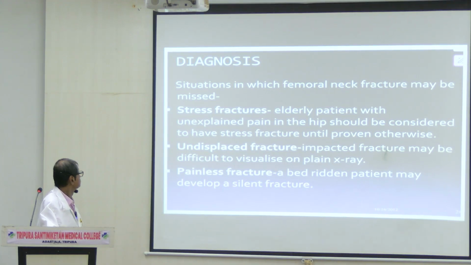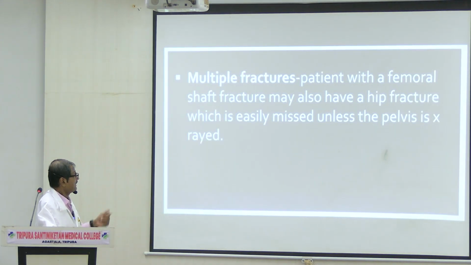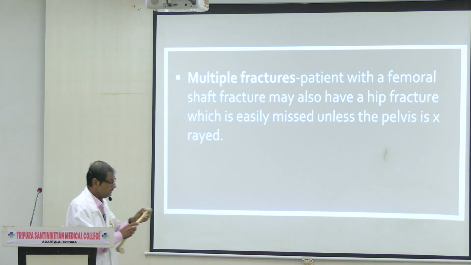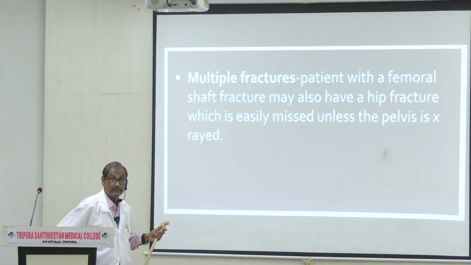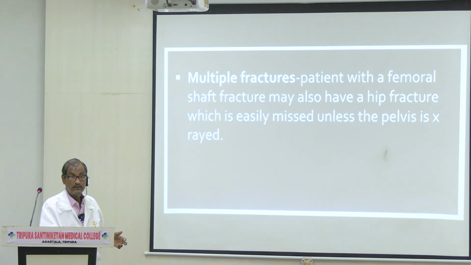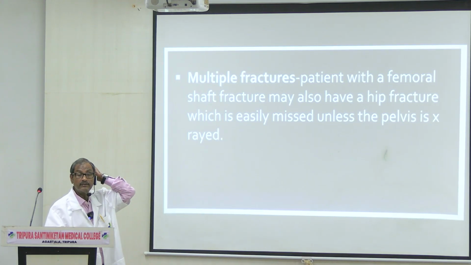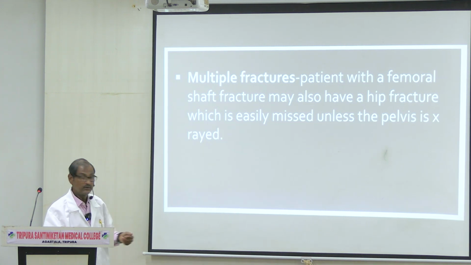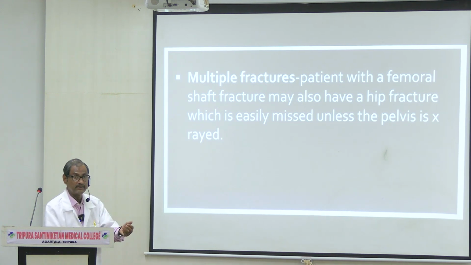Next, multiple fracture. Patient may come with fracture neck, fracture shaft, fracture pelvic bone, multiple fractures. This commonly occurs in road traffic accident or, for example, train accident. So you will have multiple fractures from this area, that area.